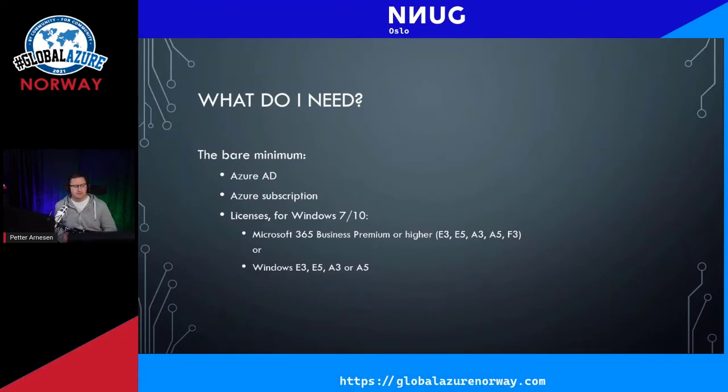You can also license this using the Windows E3, E5, A3, and A5 licenses. And you might notice that these are all Microsoft 365 licenses. You can't buy a single license like you would in an on-prem environment.